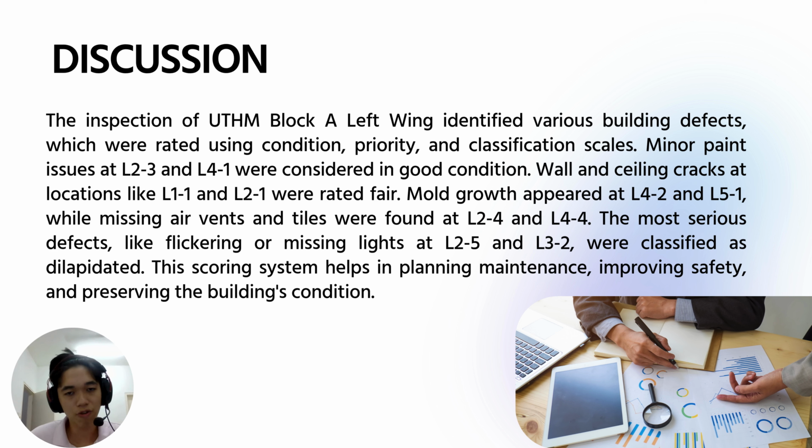The most serious defects like flickering or missing light at level 2 fifth and level 3 second were classified as dilapidated. This scoring system helped in planning maintenance, improving safety, and preserving the building condition.